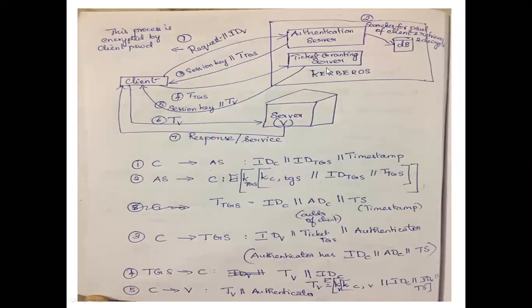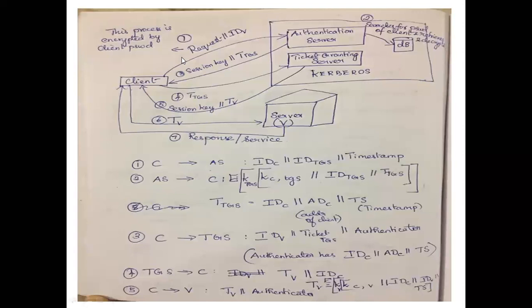Adding the TGS gives more authentication to Kerberos, so it can provide more accurate authentication to the client and server interaction. We will see how it works. First, the client is going to send a request to the server.